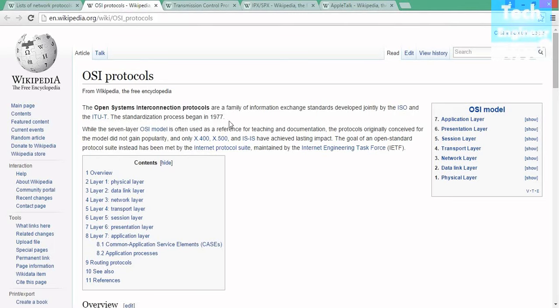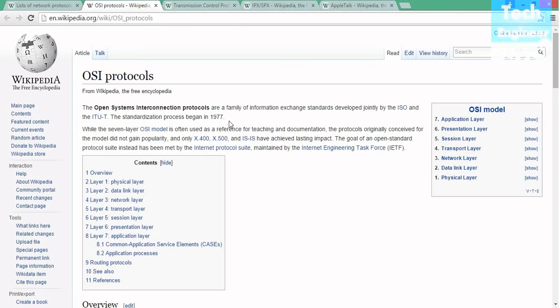So in 1977, this talk started about open system interconnection, meaning one theoretical network is required. Basically, OSI is a theoretical model and is just for standardization. It's just conceptual: yes, one model is required.